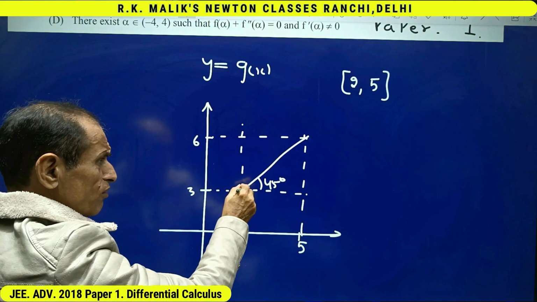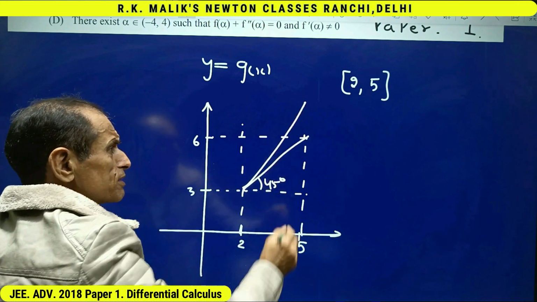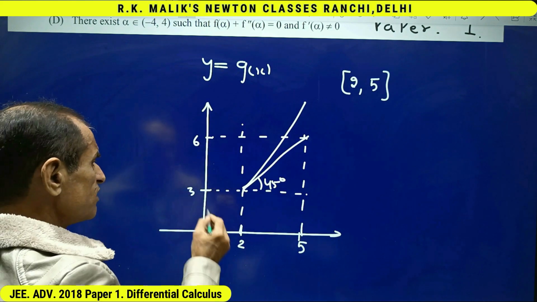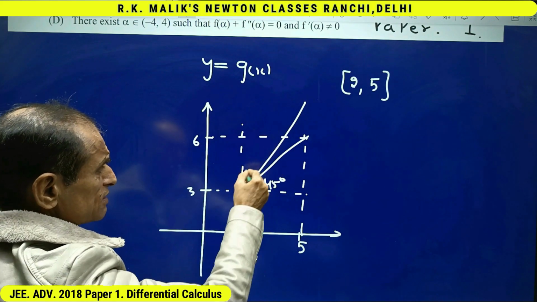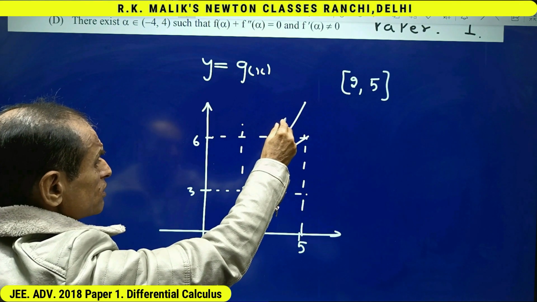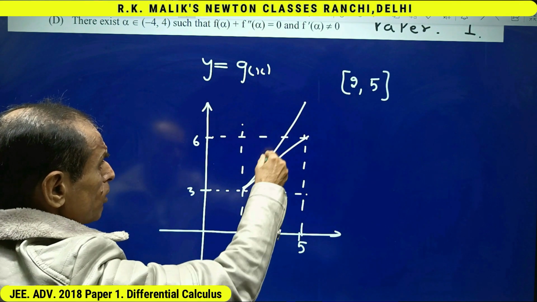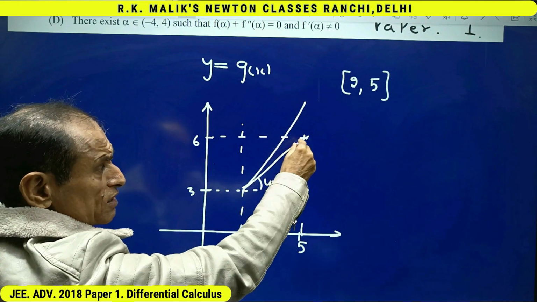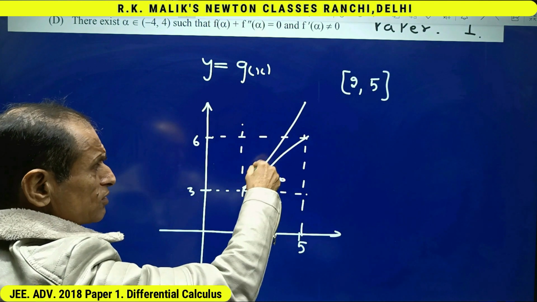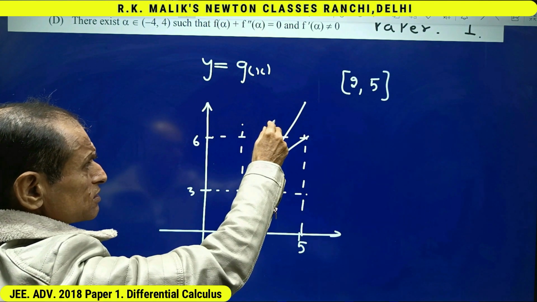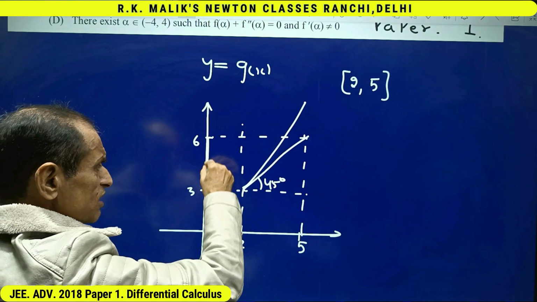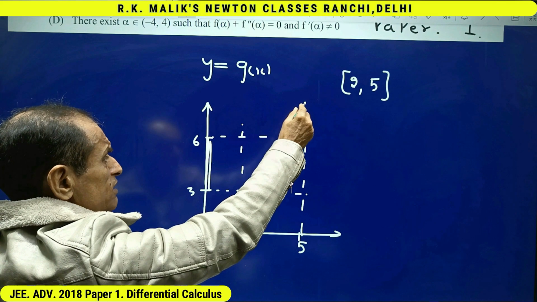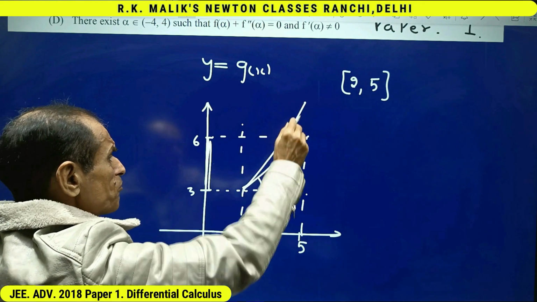That is, if it starts from here, it will be reaching somewhere at a higher height than 6 if g'(x) has a value more than 1, that is, the slope of tangent at every point is more than the slope of this line. In that case the range of values of g(x) will be surely more than this length, because it will be finally reaching a height having y coordinate more than 6.